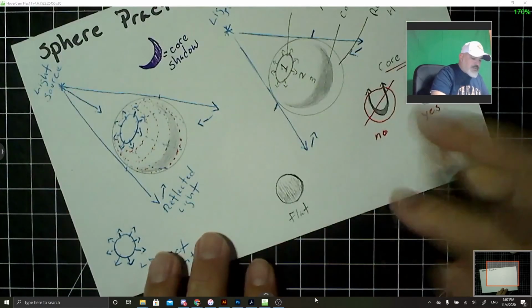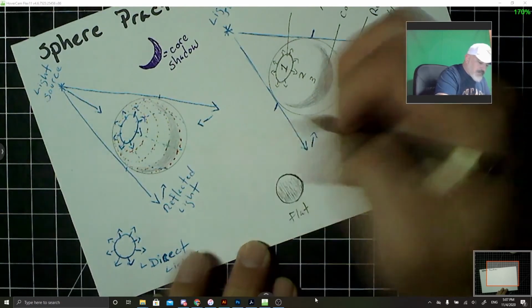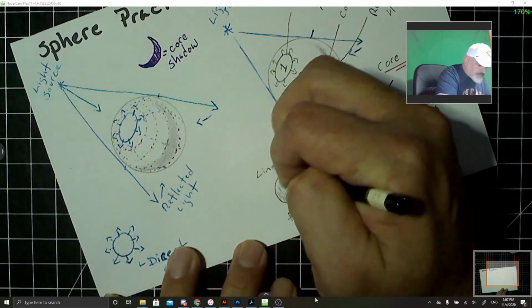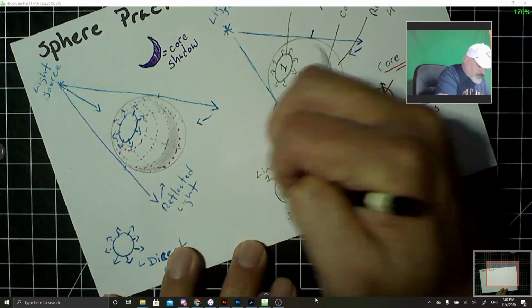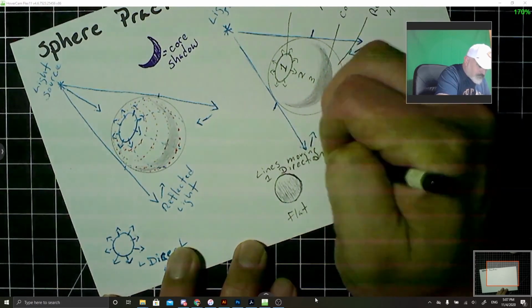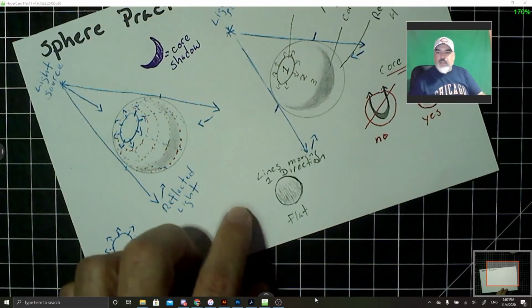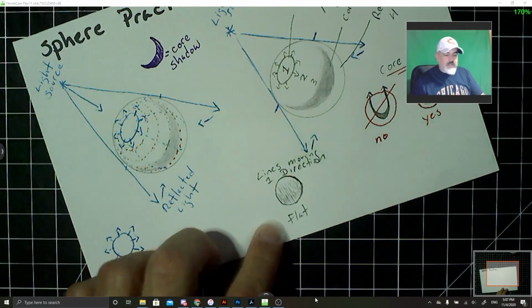Okay, so this is lines moving in one direction. Lines moving one direction is always going to equal flat. We don't want to do that.